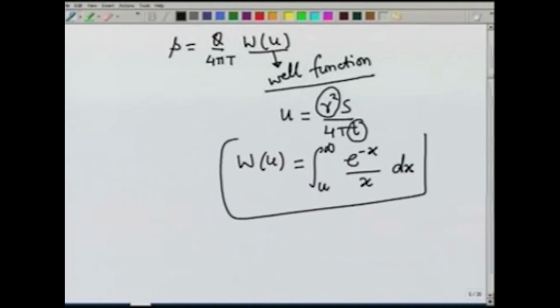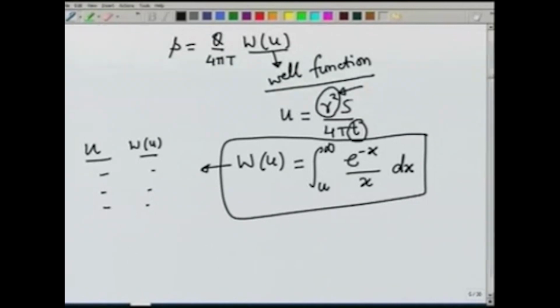This integral is not very easy to obtain, and therefore, tabular values are given in some books, and you can refer to any groundwater hydrology book. It will have a table of u versus W(u) values. So, knowing the value of u, r squared is known to us.